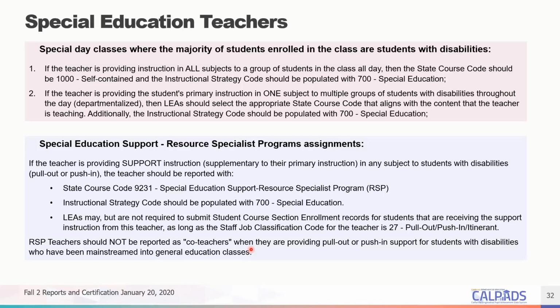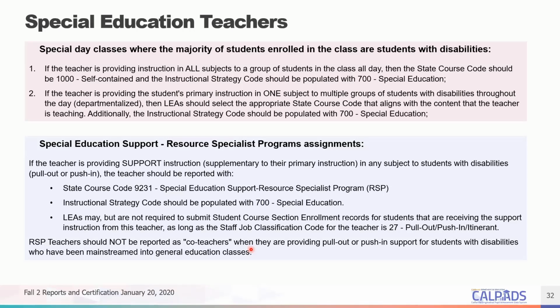So let's say you have an RSP that is team teaching, because I think this is a common scenario. You have an RSP teacher team teaching into a mainstream class. Based on guidance this year, you have to separate them from that class, okay? Because if you do team teaching, CalPADS won't be able to distinguish or delineate the credentials of that teacher because you're assigning, let's say, a 1000 course or a specific departmentalized course.